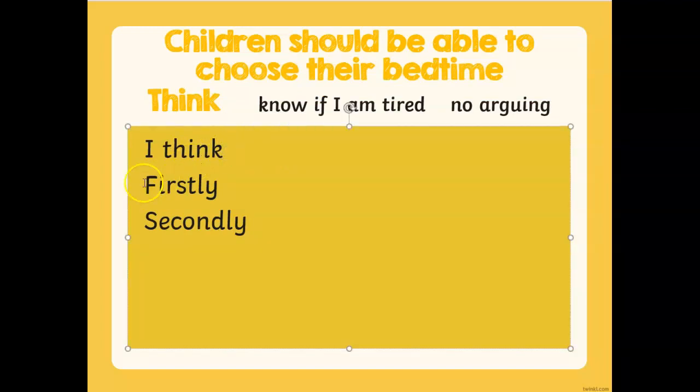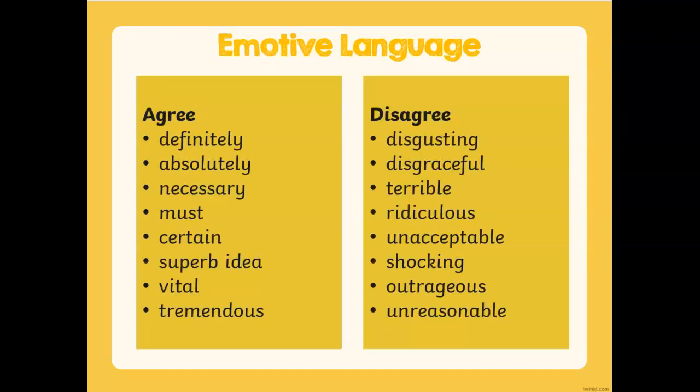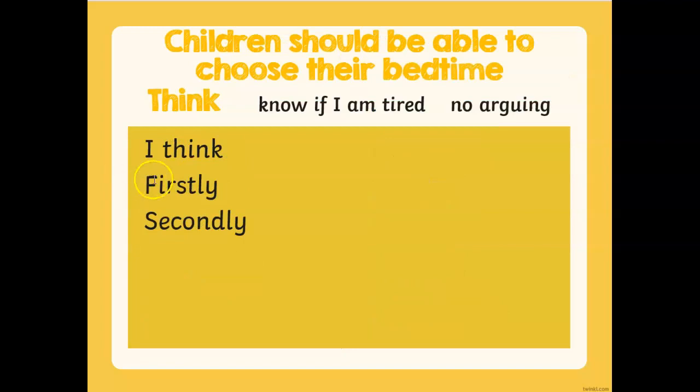The next bit is I want to think about what emotive language I can use to help me make my writing better, get the reader to agree with me, to persuade my reader. I have already written one just to make it a little bit quicker, and I'm just going to pop it in then read it to you.